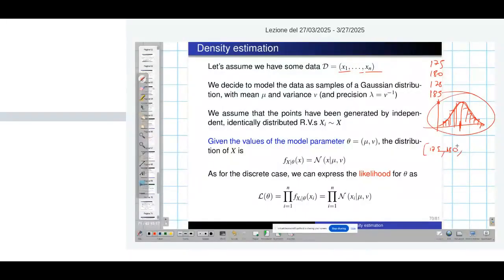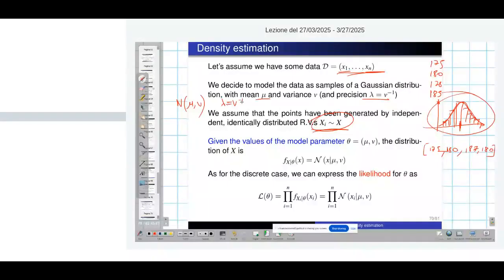So we have our dataset that consists of the heights, and we say this will be modeled as random variables that are Gaussian distributed. Again, we assume that there is a Gaussian distribution with parameters mu and variance v, or if you prefer, actually, we will prefer to parameterize this in terms of the precision, that is the inverse of the variance, lambda.